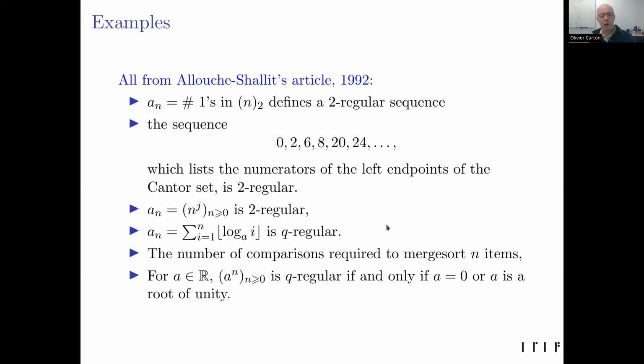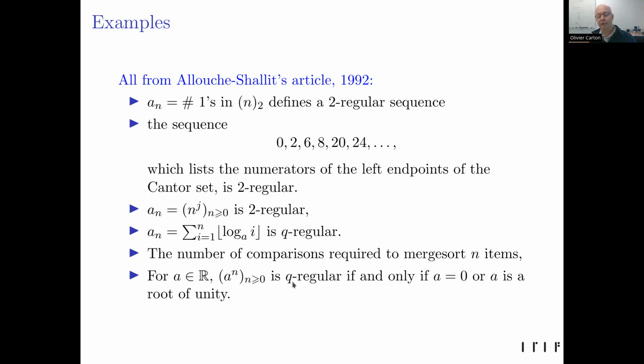And an interesting example, which we will come back to at the end. Then if you take a real number a and you look at the powers of a, so the sequence a to the n, then it is Q-regular if and only if either a equals 0, which is trivial because the sequence is identically 0, or if a is a root of unity.